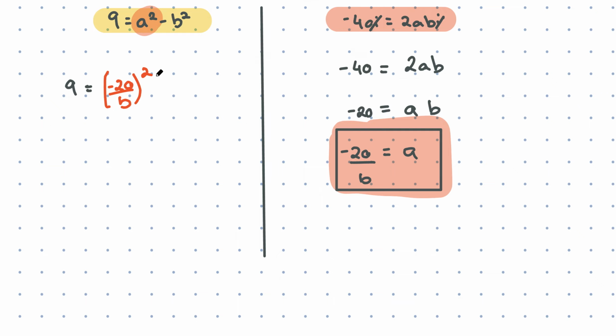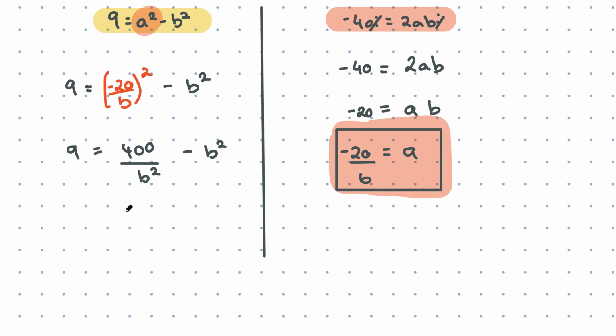And then we have minus b squared. I'm going to square this out now, and if I square that out I'm going to have 400, because it becomes positive, square the top and the bottom according to our indices laws. If I square the bottom I get b squared, and then it becomes minus b squared here.